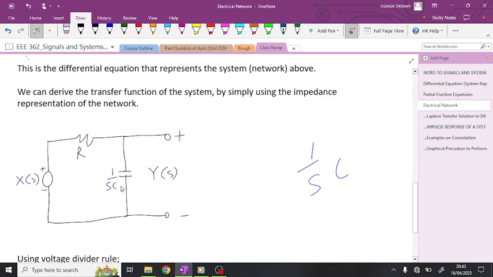So that's why we have this. Okay? And then all the time domain will turn into s. So here will be x of s, here will be y of s.